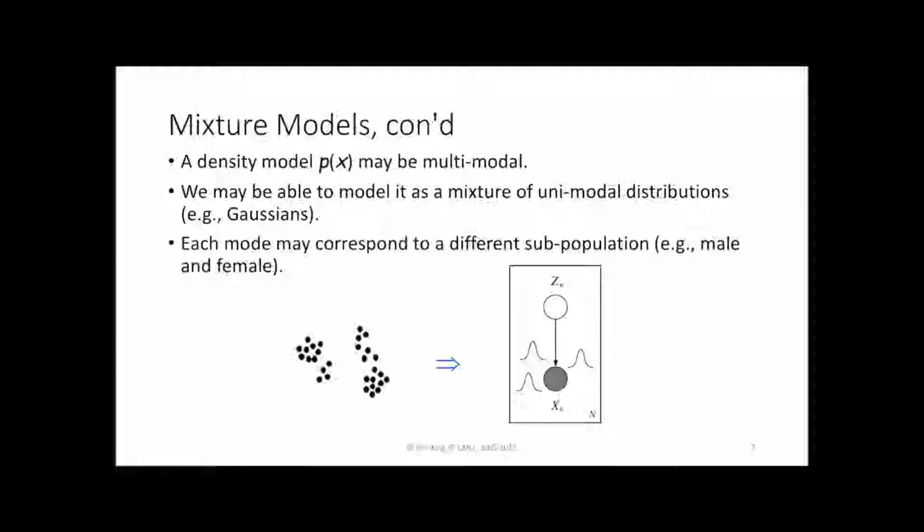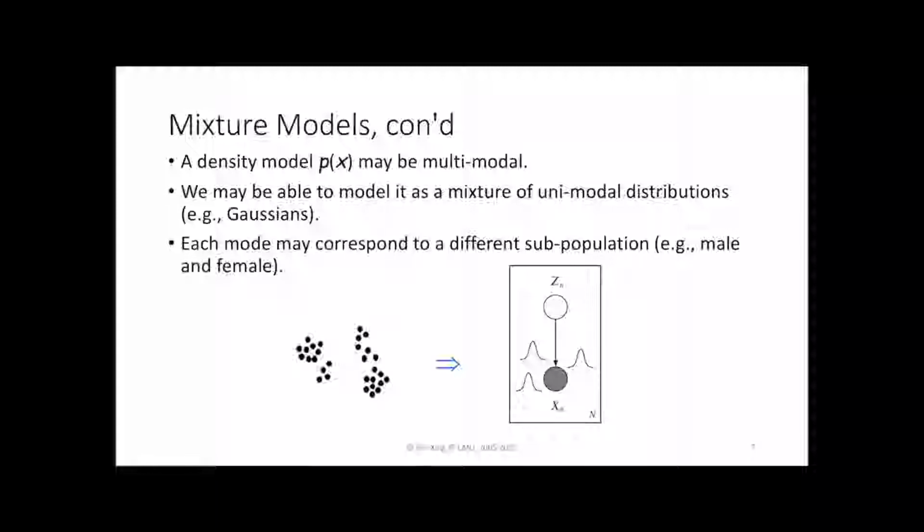So for each observation, represented here by X, there is an unobserved random variable that says which mode of the distribution this data belongs to. I haven't observed that, and given that, I add noise based on the distribution of that mode.